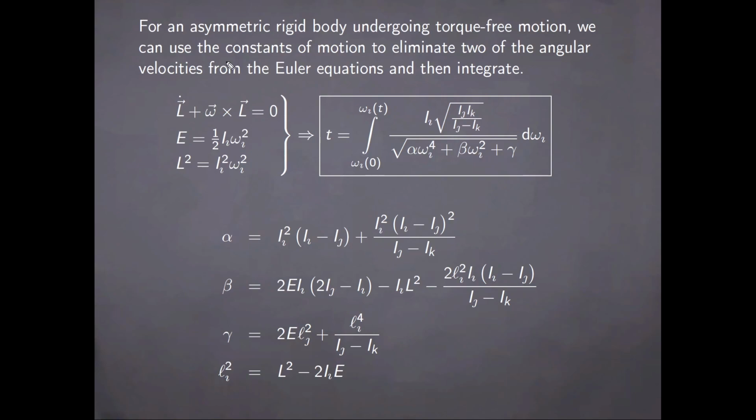With regard to asymmetrical rigid bodies undergoing torque-free motion, while it is no longer possible to solve the Euler equations in terms of elementary functions, we can still use the constants of motion to eliminate two of the angular velocities and then integrate for the remaining one.